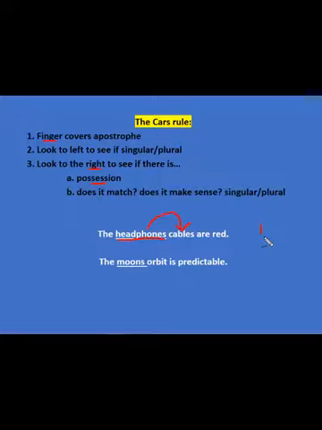Now we come over here and try to figure out where to put it. We know we need an apostrophe. It's either going to go after the S or before the S. So how do we know? What we can do here is look for clues. The clue here is cables. Normal headphones only have one cable, so the mere fact that this has cables is plural. You have to make sure that you understand the contents of the sentence and make it match, because sometimes this word is going to be plural, but that plural will have to match with something that's singular.